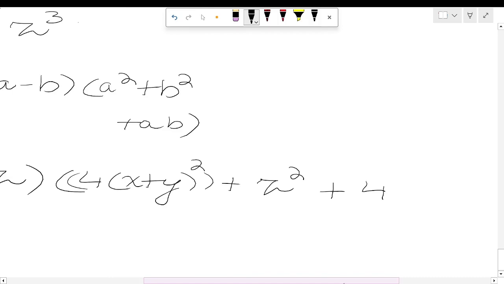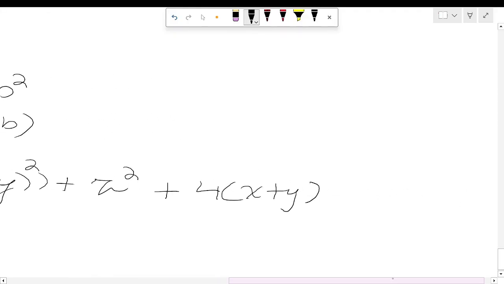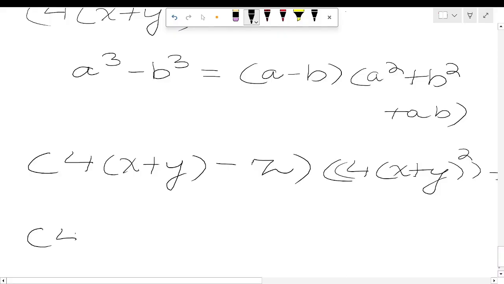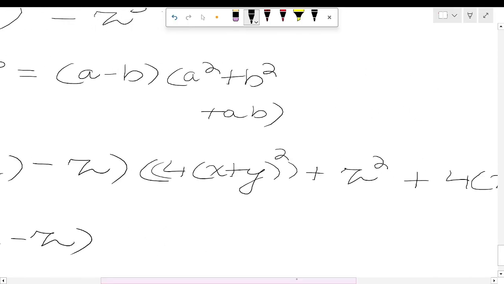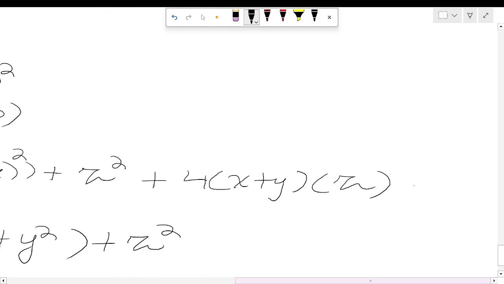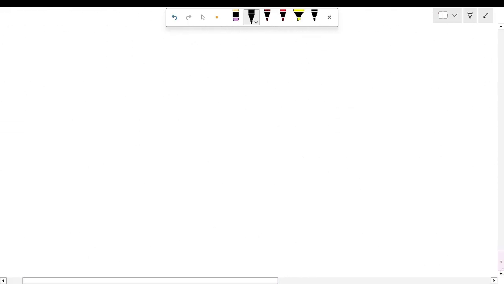So that will be 4(x plus y) with z. Now we need to simplify this expression. So 4(x plus y) minus z will remain just the same, but now this will be 16(x square plus y square) added with z square, and then 4(x plus y)z. So this is our answer for question number 8.